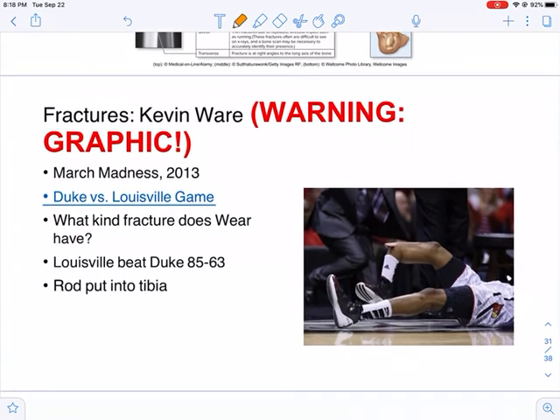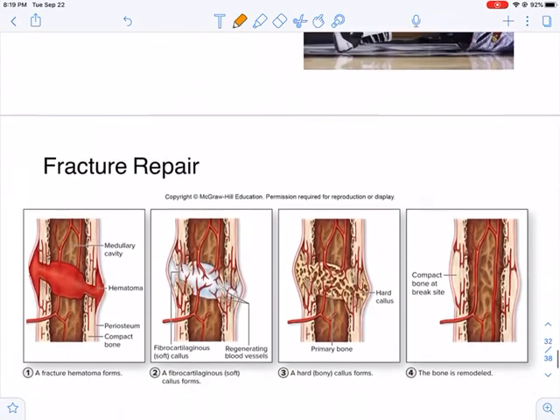And probably the most famous fracture happened in 2013 during a game in March Madness. My students talked about this forever. It's pretty graphic. If you want to watch it, I have the link there. This required some extensive repair to get him back to good, because that was a very, very intense break.